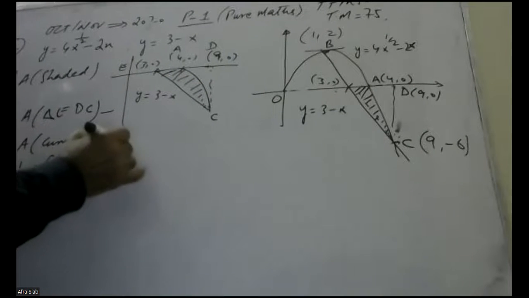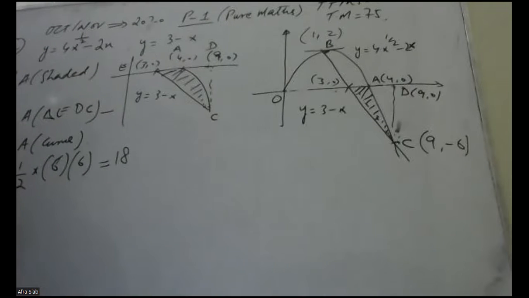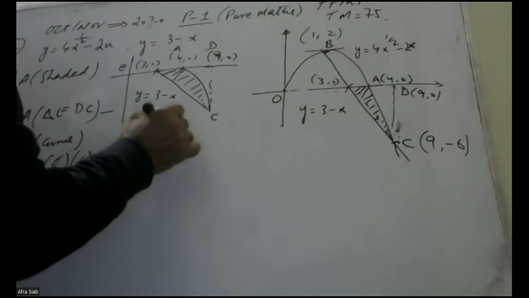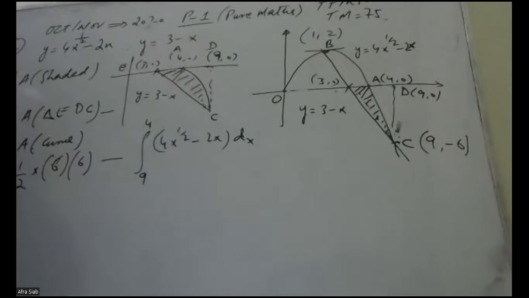So that is equal to 18 square units for the area of the triangle. Minus the area under the curve, which is the integral from 4 to 9, but we will not take limits 4 to 9, we will take it as 9 to 4, of 4x^(1/2) minus 2x dx. So this is the area under the curve, and this is the area of the triangle there.